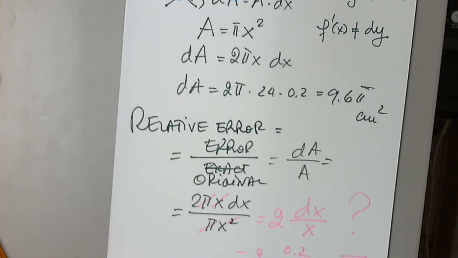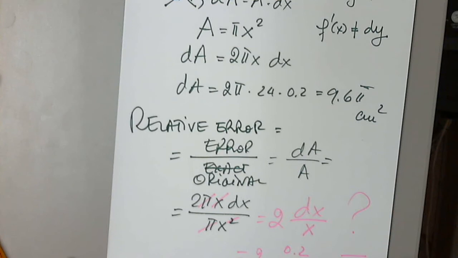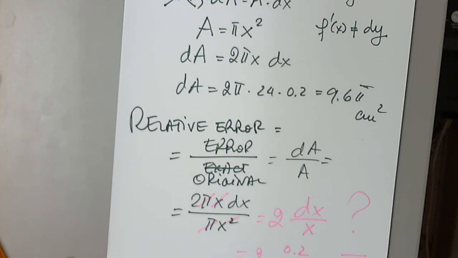Did I put all the zeros? 0.0, sorry, okay. So this is 1.67%. Right. So a 0.2 centimeter error in the radius creates more than 1.5% error, relative error, and percent error I should say, sorry, percent error in the area. So this is the relative error, and this is the percent error.